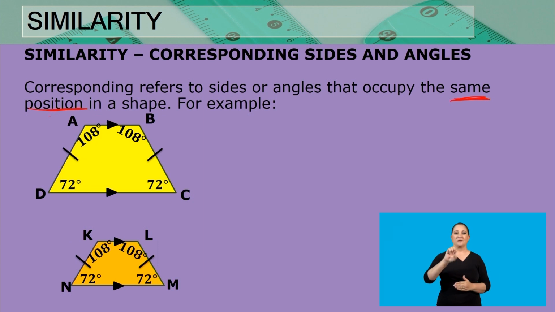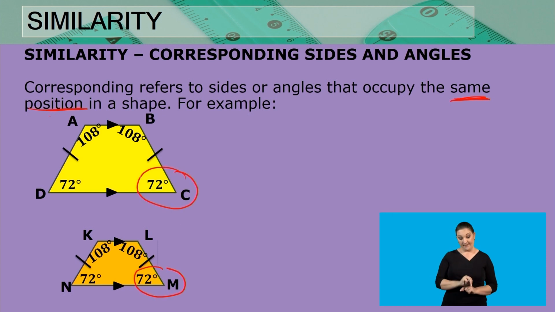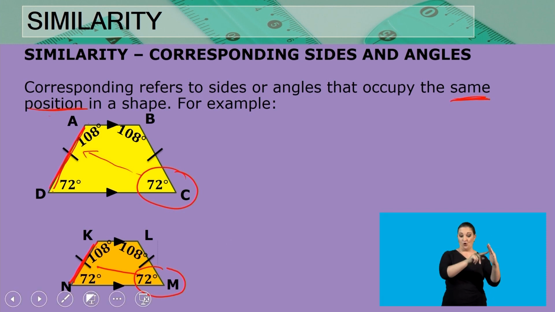When we look at the corresponding sides, remember, a corresponding side needs to be opposite corresponding angles. Since we said angle M and angle C are corresponding, the side opposite angle C is AD, and the side opposite angle M is KN. So this would mean that side AD is corresponding with side KN.